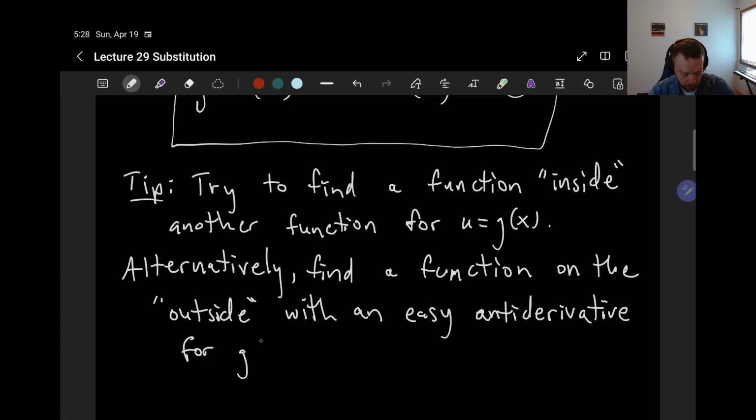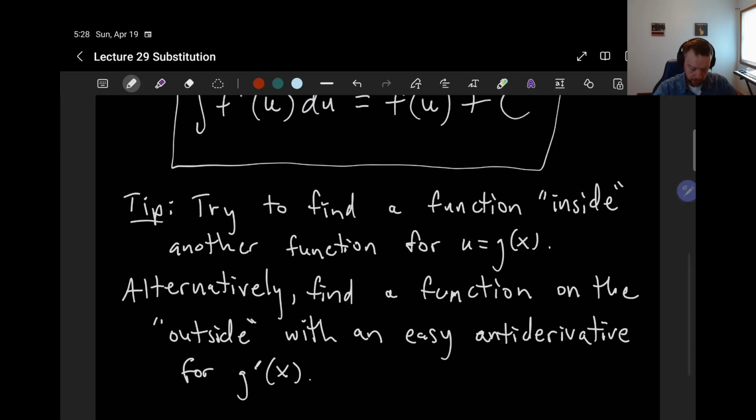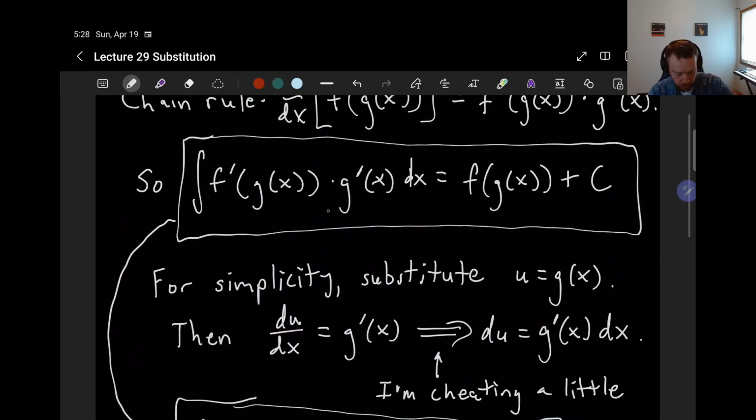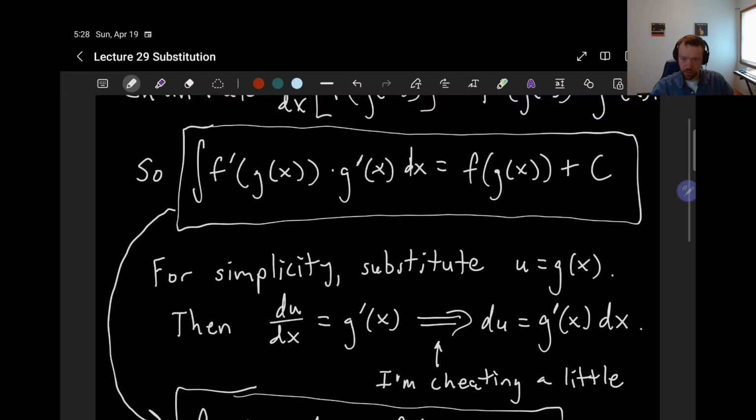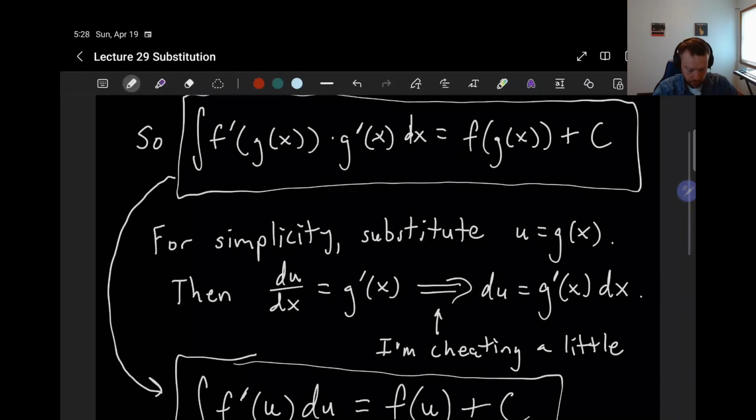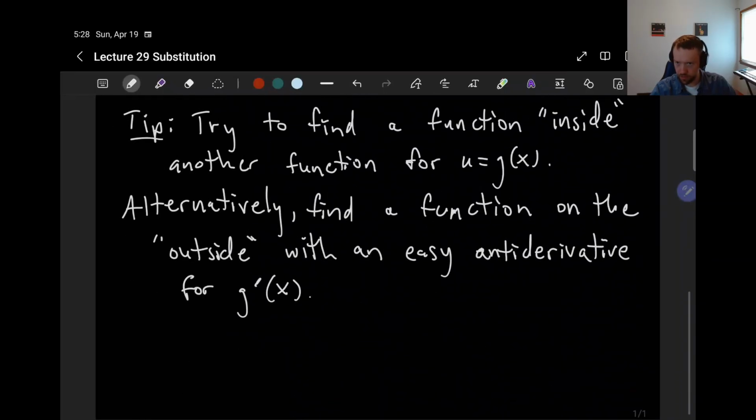And this could be a good choice for g prime of x, because g prime of x is on the outside here of this f prime part. So I would usually stick with the first tip I gave, look for an inside function, some expression that's inside a larger function, and make that your u. But sometimes the alternative approach is necessary.